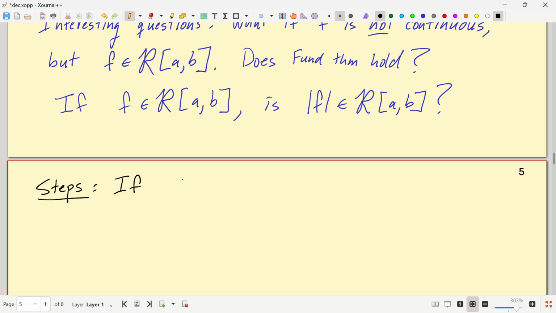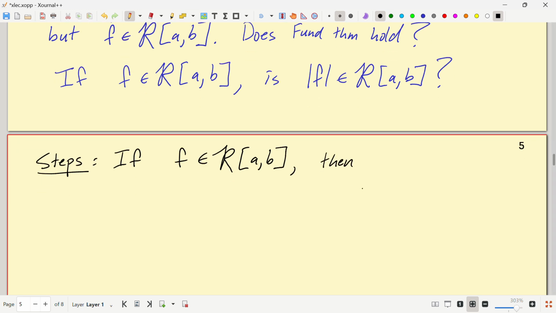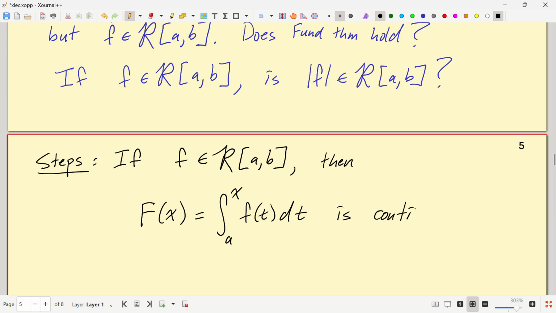If f is Riemann integrable, then that thing, the capital F of x, which would be the integral from a to x of f of t dt, is continuous. That's nice to know. I'd like it to be differentiable. Okay, let's see. Why would that be true?